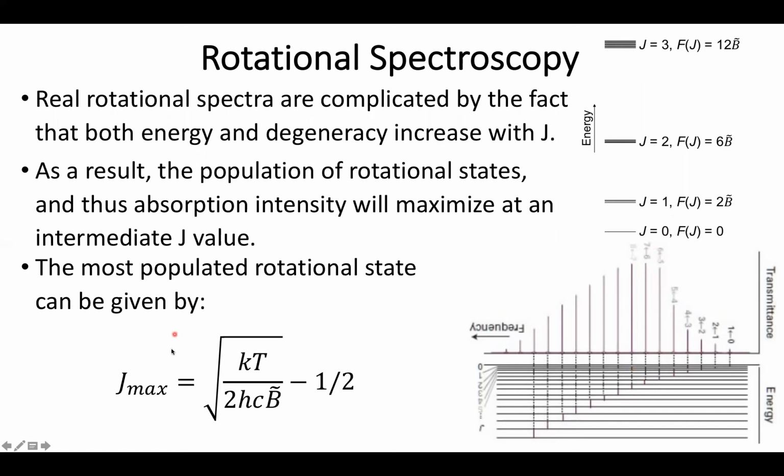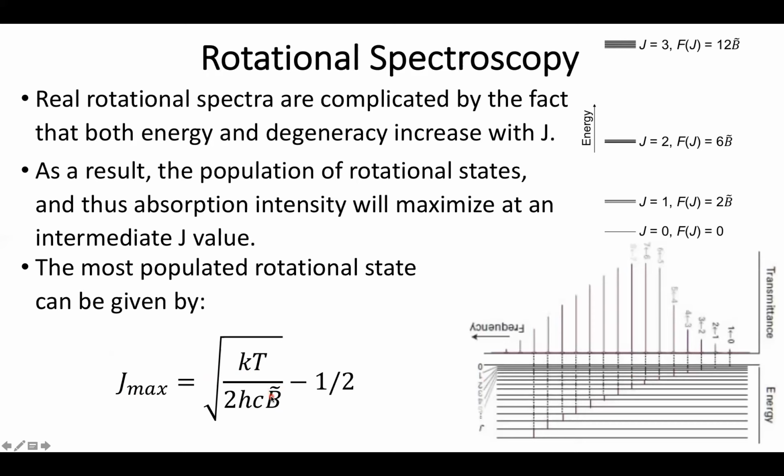So using that, we can simplify an equation to derive the rotational state with the maximum occupancy as being based on essentially the temperature of the system and the rotational constant, or again, energy spacing.